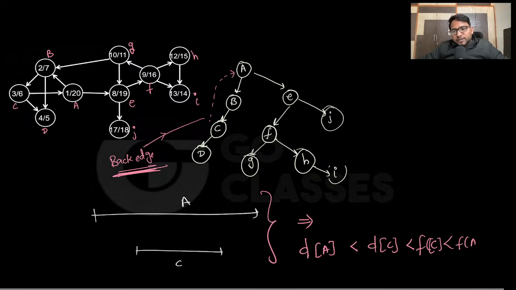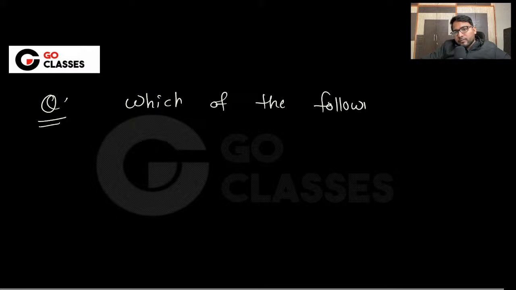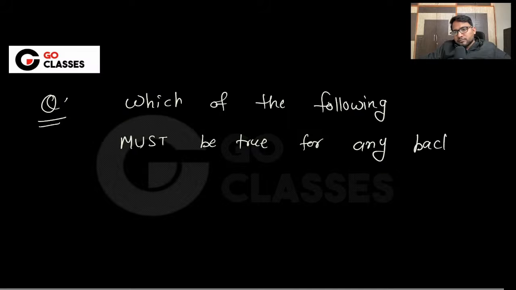Which means if someone asks you the question, which of the following must be true for any back edge V to U, okay?